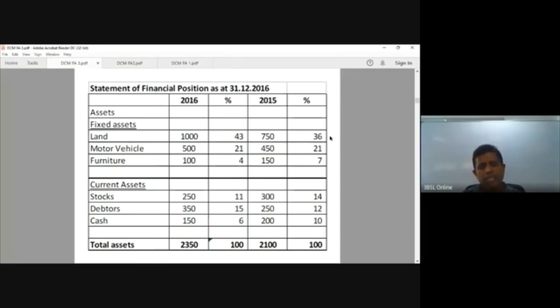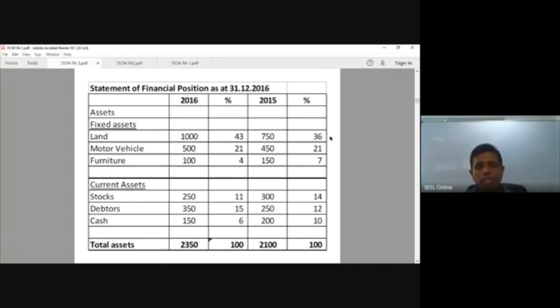We assume that it is 100. If the total asset 2,350 is 100, then what is the percentage that we can give for land? It will be 43%. What is the percentage that we can give for motor vehicle? It will be 21%.